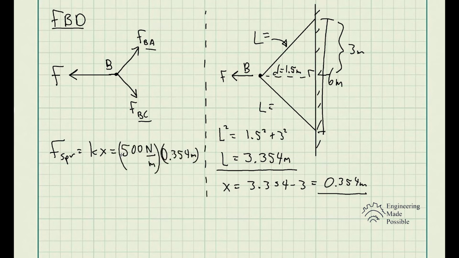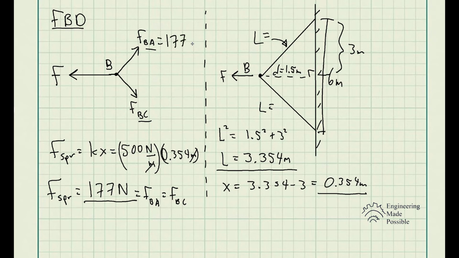So we have 500 newtons per meter times 0.354 meters. The meters cancel out, and the force in the spring is 177 newtons. So that is the force in spring BA as well as the force in spring BC. So now we have the forces here, 177 newtons, and 177 the same.